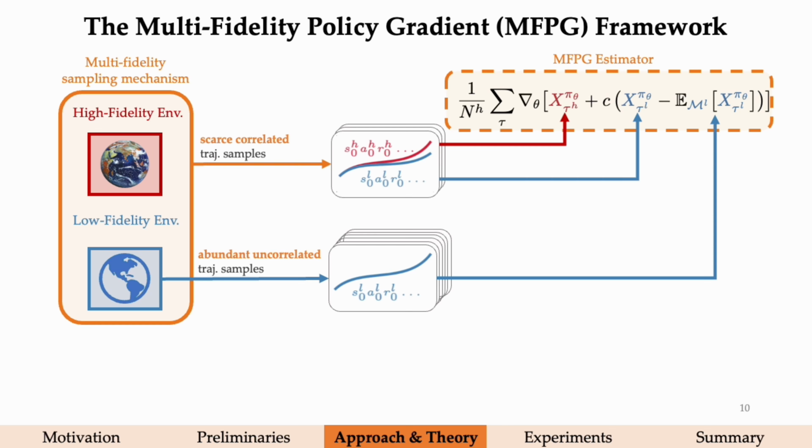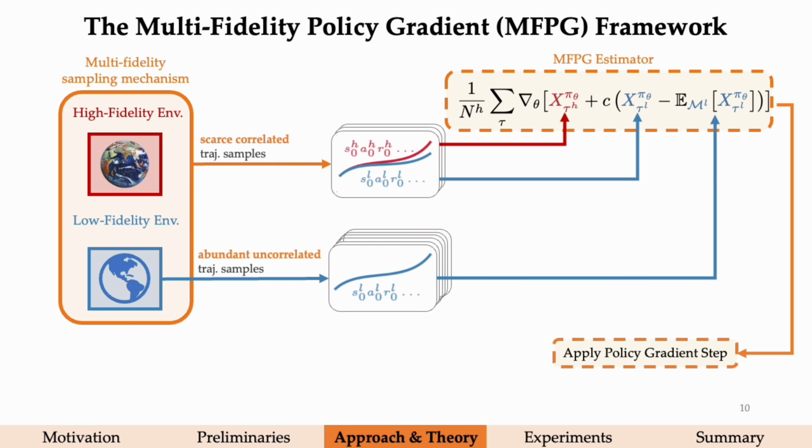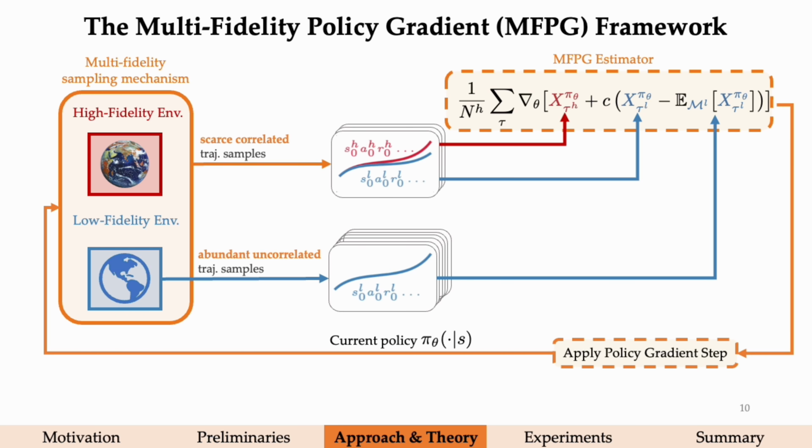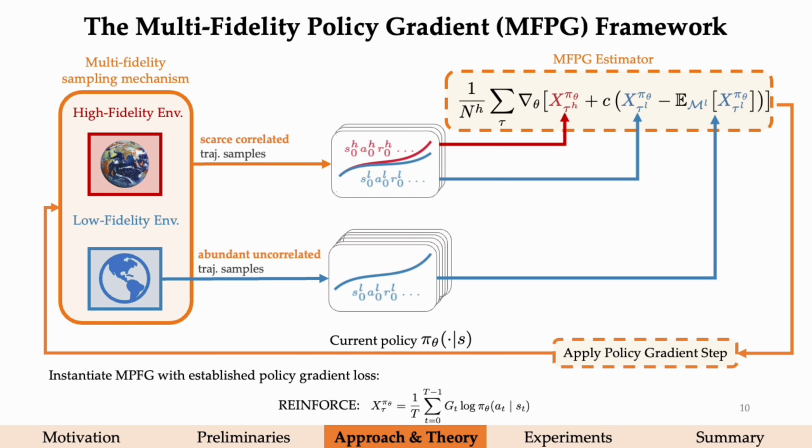MFPG then constructs a combined estimator by using a low-fidelity control variate term to correct the high-fidelity term. The rest of the procedure follows the standard on-policy policy gradient recipe: average over the scarce, paired data batch, take the gradient, update the policy, and iterate. In this paper, we instantiate MFPG with reinforce to establish a clean convergence analysis.